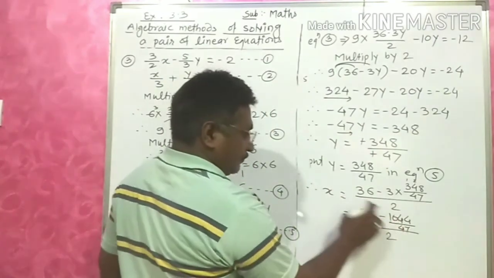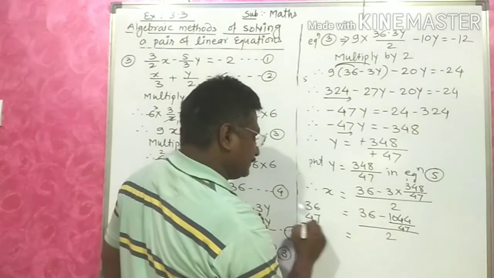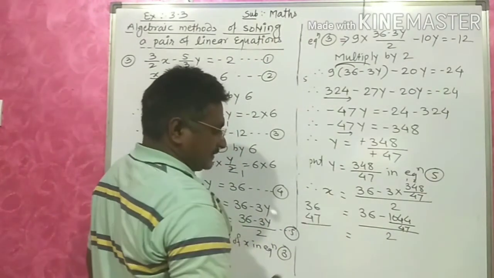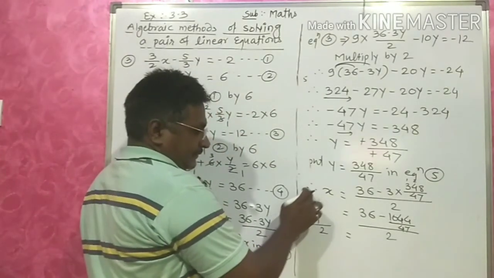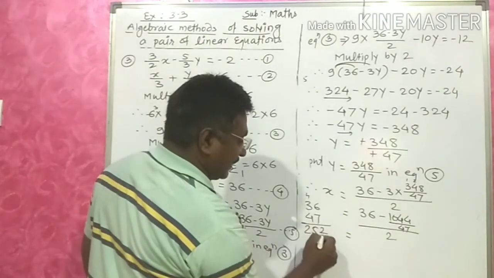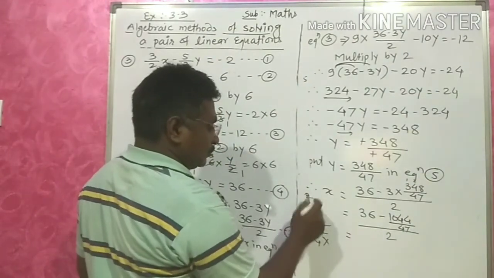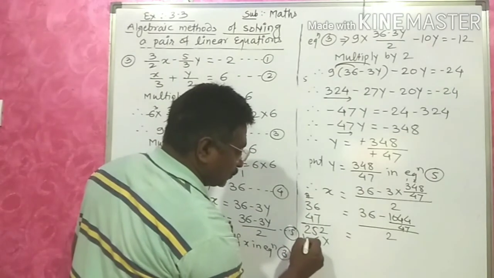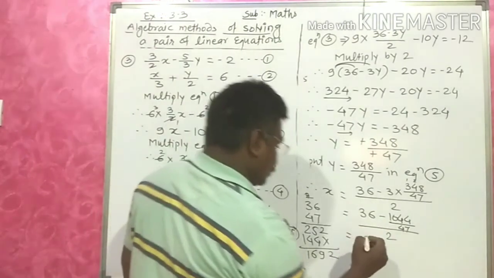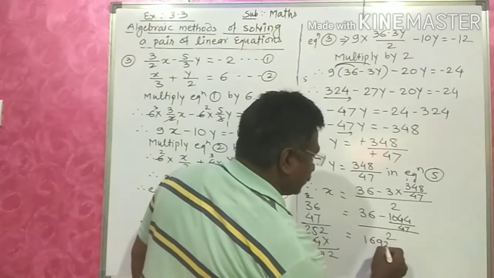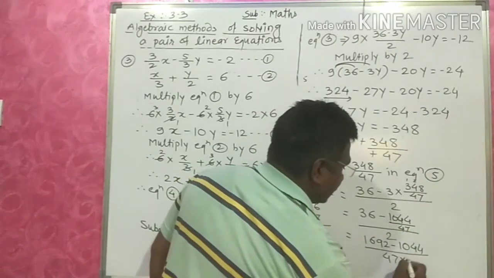Now LCM, multiplication of these two numbers, 36 into 47. So what will we get? 7 6s are 42, 7 3s are 21 plus 4, 25. 4 6s are 24, 4 3s are 12, 12 plus 2, 14. So 1692 minus 1042 by 47 into 2.